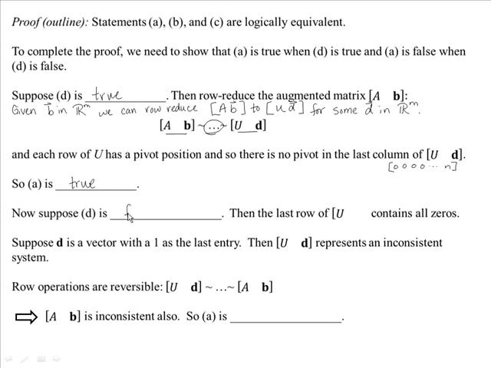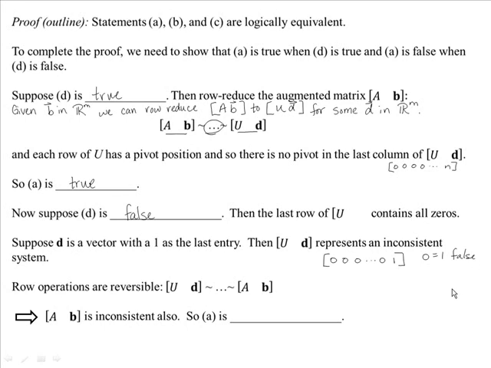Now we're going to suppose that D is false, meaning that I don't have a pivot in every row. Then the last row of my matrix U contains all zeros, and we'll suppose that d is a vector with a 1 as the last entry. So what we end up with then is a row of zeros with a 1. So I've got 0 equal 1, which is false.